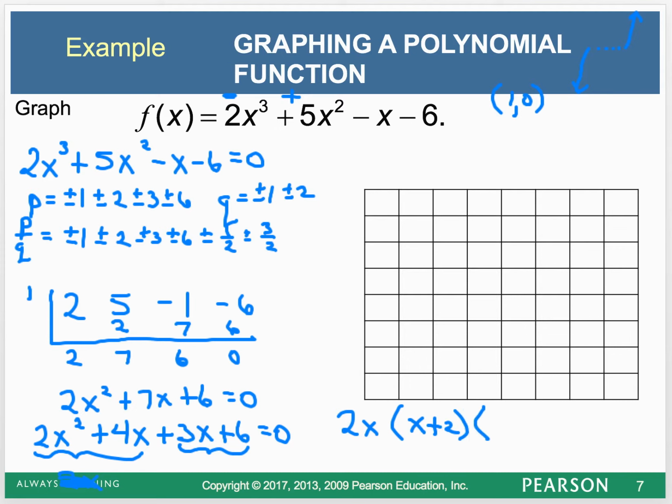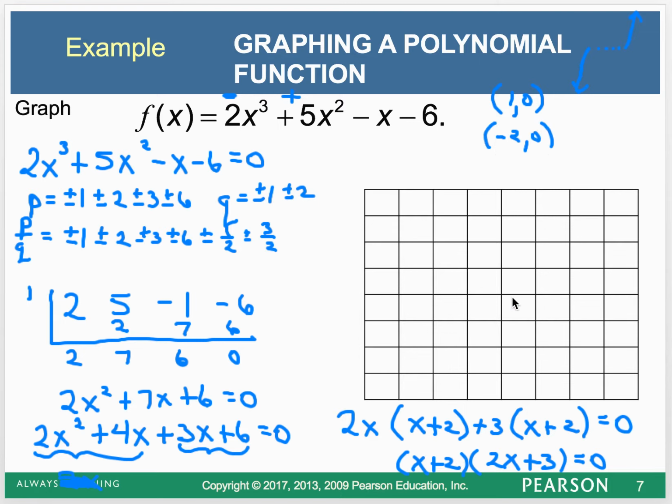I can factor out a 3, and that leaves x plus 2. So then I have x plus 2 and 2x plus 3 equals 0. So I've got 2 more points. X is negative 2, so at negative 2, 0. And x is negative 3 halves, so negative 3 halves, 0.